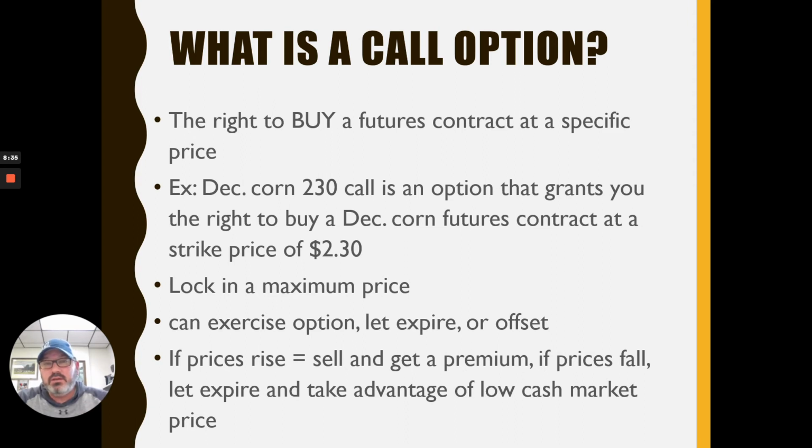Now, who sells the call option? That would be the producer side. They could sell that call. An end user is going to buy the call. Likewise, the end user could offer a put for sale, and the producer would buy that put. So how it trades back and forth is kind of the interesting relationship here on how we use options, puts, and calls.